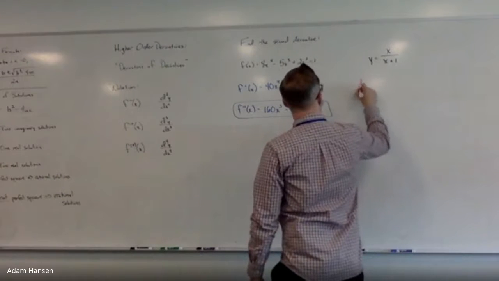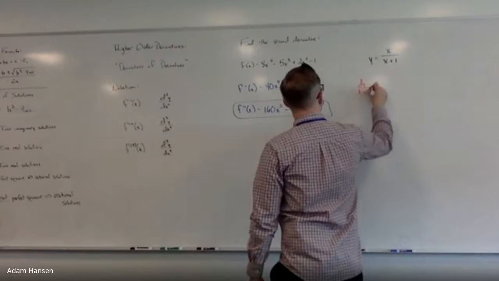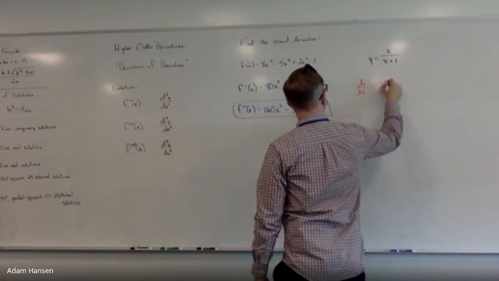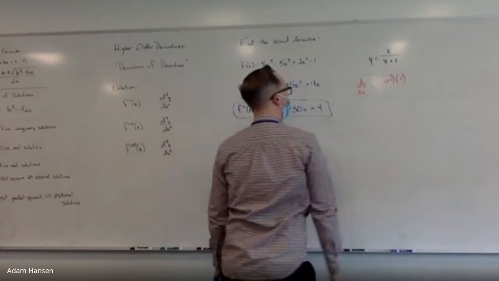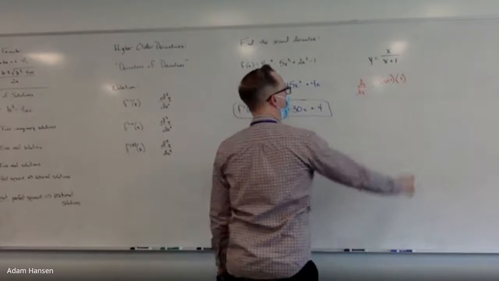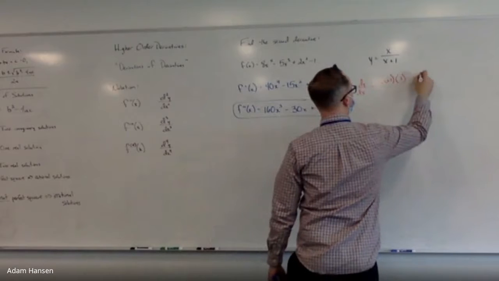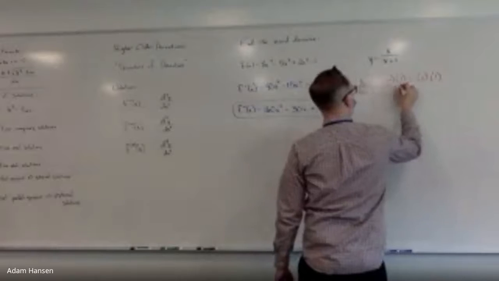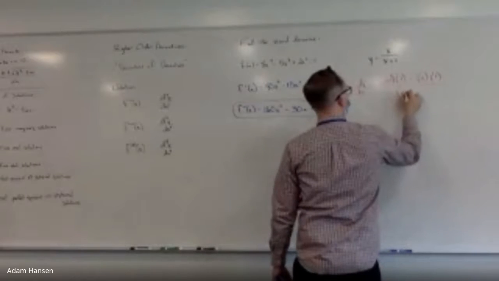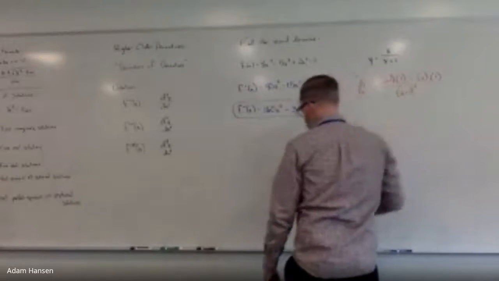So dy dx equals low, x plus 1, times d high, which is just 1, minus the high function, so minus the x on top, times the derivative of the low function, which is just another 1. All over low squared, x plus 1 squared.